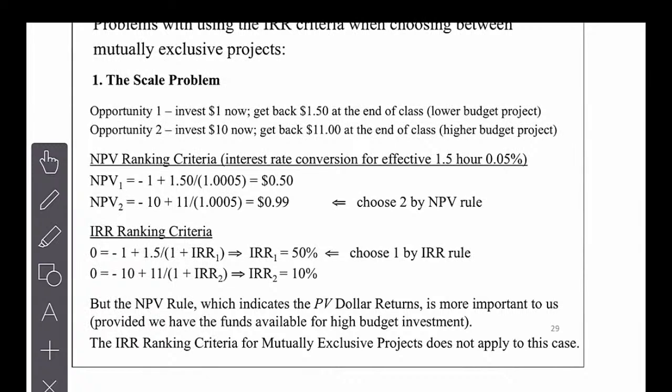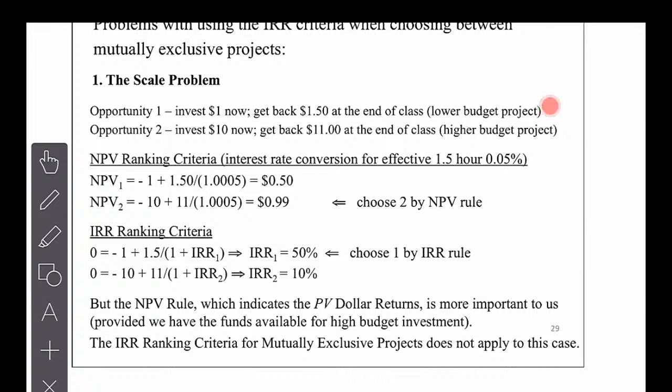Here is an example of the problem of scale. Think about yourself. Which of the two opportunities would you choose? You have to choose between one or the other. Either you give me $1 now, and at the end of this class, I send you through ATH Mobile $1.50.